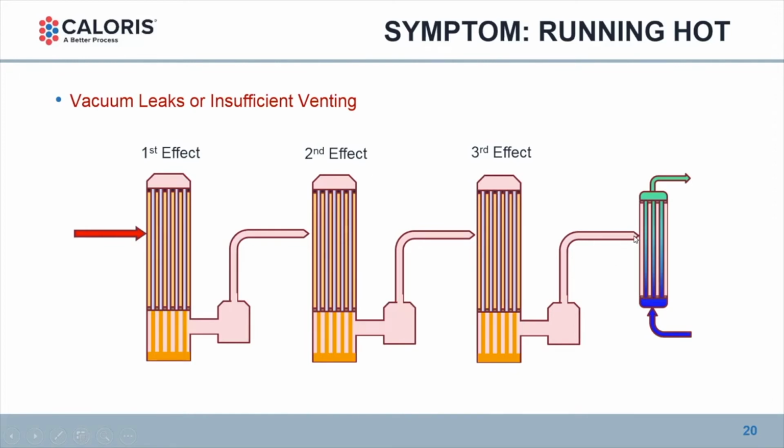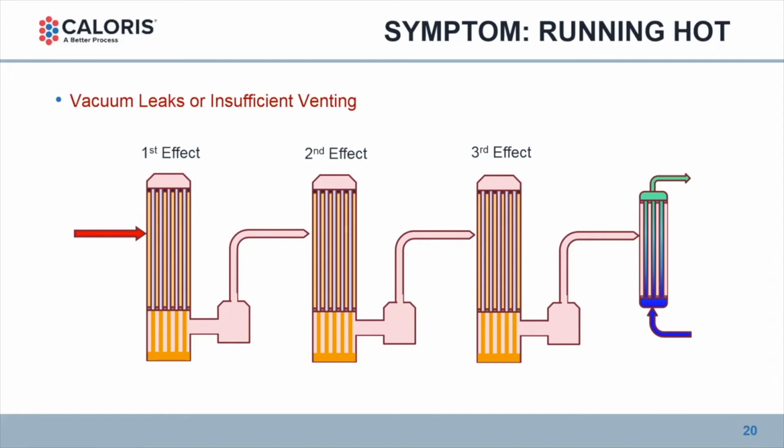And unless my surface condenser is oversized and able to handle excessive amounts of non-condensable gas, I'm going to build pressure in that shell of that condenser, and the pressure in my third effect is going to start increasing. And the only way to maintain that evaporation is to increase the heating temperature on that first effect. And that's when an evaporator starts running hot, when that last effect and the surface condenser start running hotter than they have been.